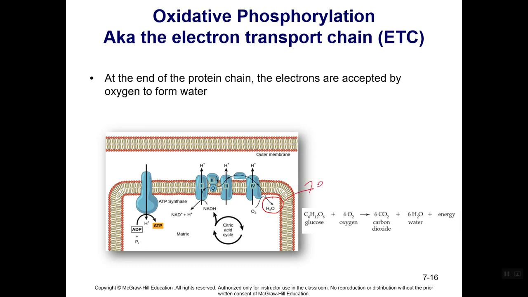That will then be excreted out of the body. My handwriting is terrible, y'all. Excreted. Okay, so this shows you all of the different proteins that are inside of the inner membrane of our ETC.